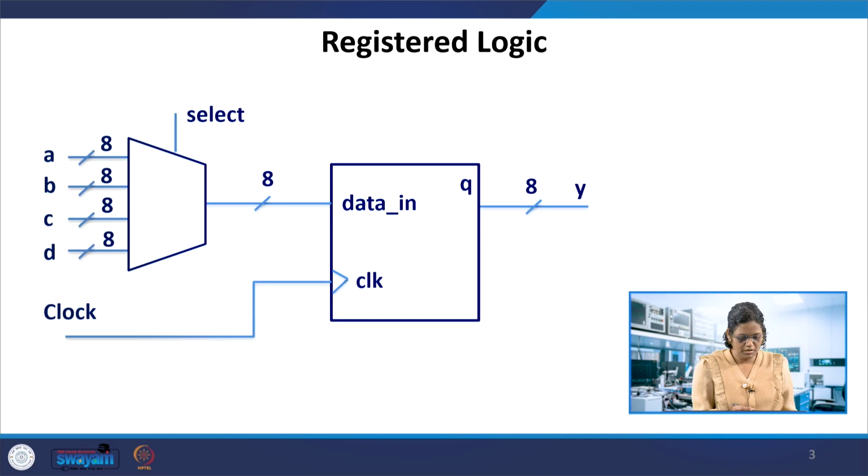Supposing, for example, we take this example: there is a mux which has 4 inputs and 1 output. Each input A, B, C, D is of 8 bits. It can be 16 bit or 32 bit, whatever the data size, and the output is 8 bits.